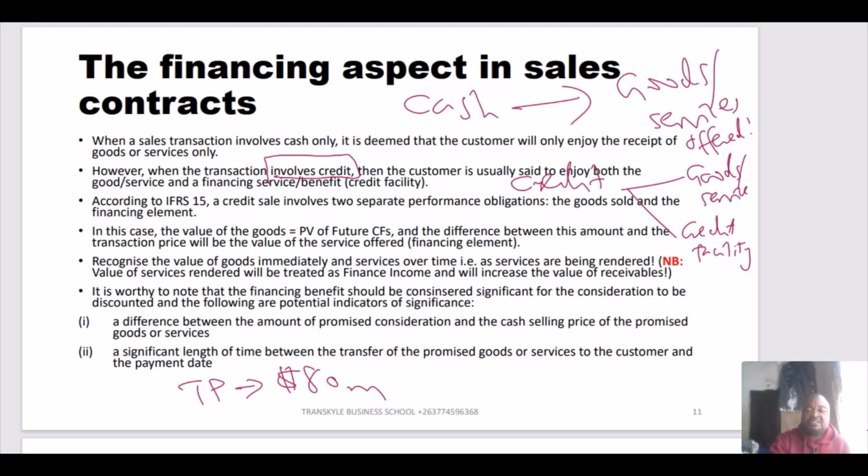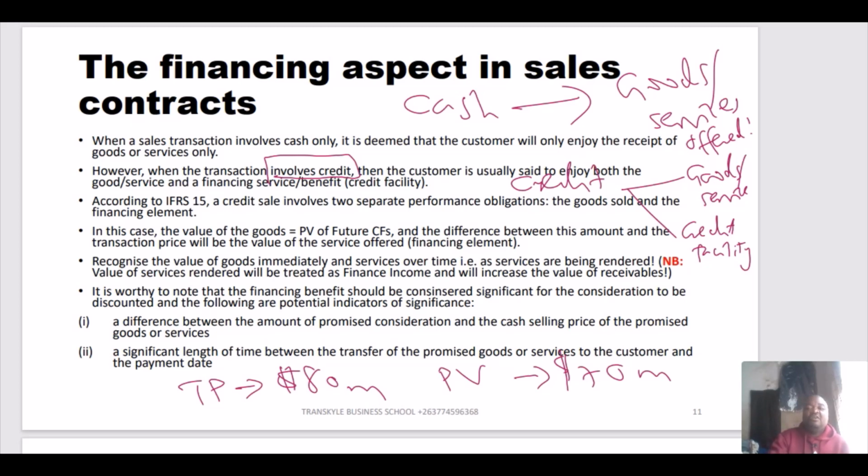So you discover that the PV would be something like 70. The present value of 80 million in 2 years is actually 70 million today.